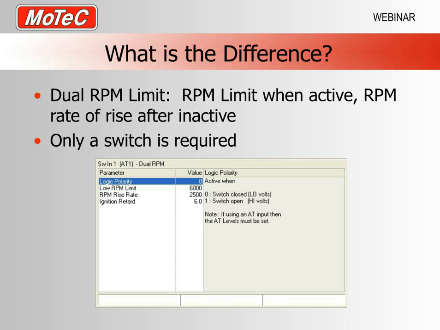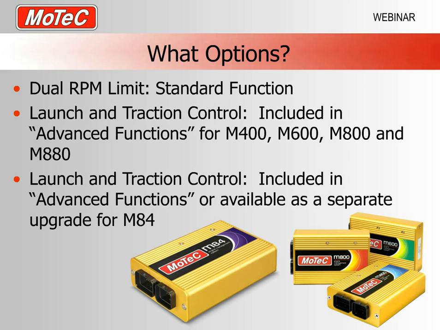And we can also add a fixed retard. Now you'll notice that these are simply parameters, they're not tables. So between the dual RPM limit and the full launch control, the dual RPM limit is not a very flexible function. It works quite well, but realistically it's the full launch control system that we actually want to use.